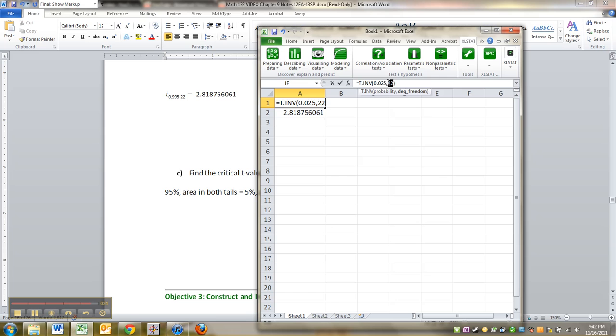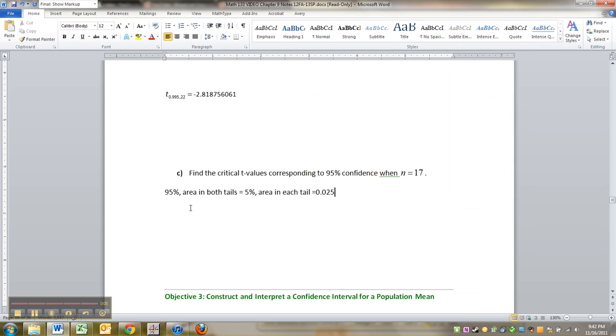You type 16. Enter. Or on this one, because this is two-tailed, you can just type 0.05, comma 16. And you got it. One's giving you the negative one, one's giving you the positive one, but they get the same general gist done, right? There they both are. So both T dot inverse and T inverse. I prefer T dot inverse, but I know not all of you have it.